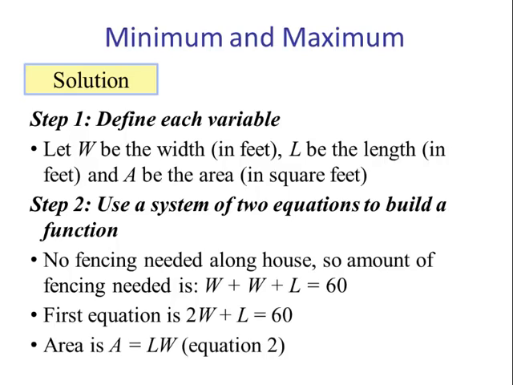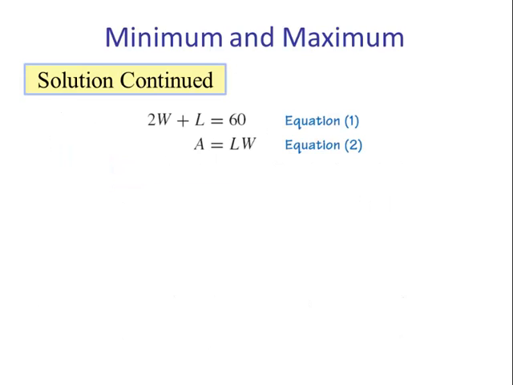The next equation is the area formula. So we know area of a rectangle is the length times the width. So we have our 2 equations and we can solve the system. I'm going to solve this by substitution. I'm going to take the first equation and I'm going to solve for L. So that means I need to subtract 2w from both sides.